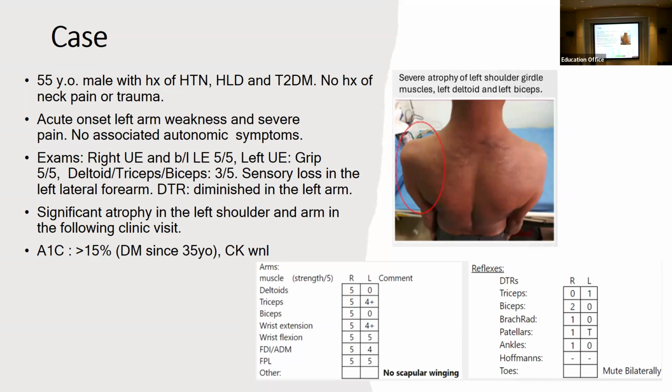At the following clinical visit, you can see significant atrophy in the left shoulder girdle muscles, the left deltoid and left biceps. On his initial visit, his A1C was over 15%. He was diagnosed with diabetes around 35 years old, and his CK is normal.